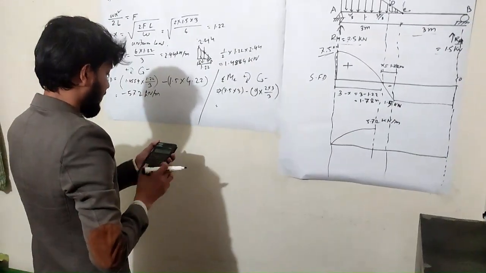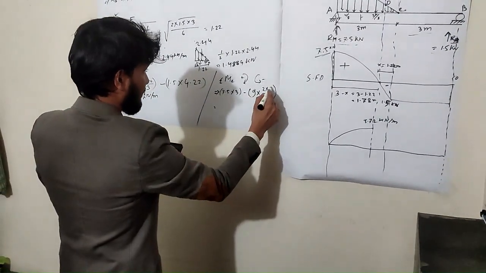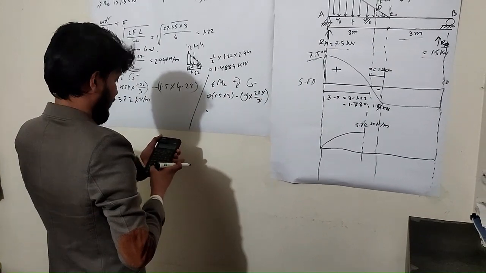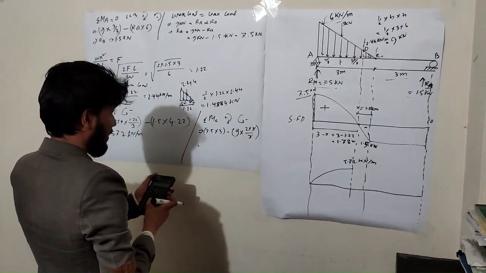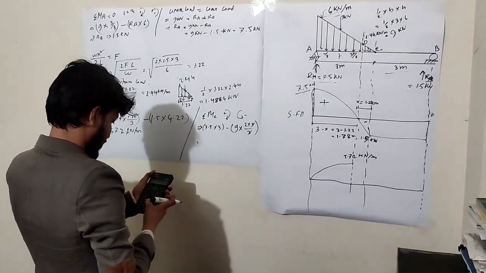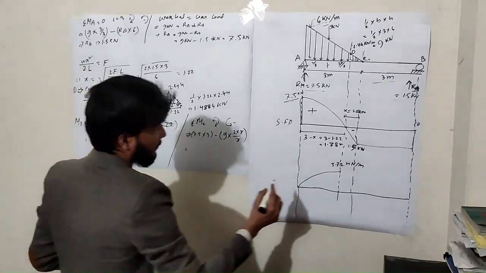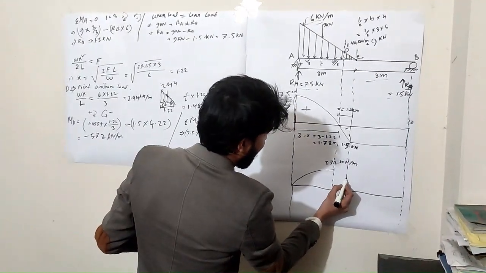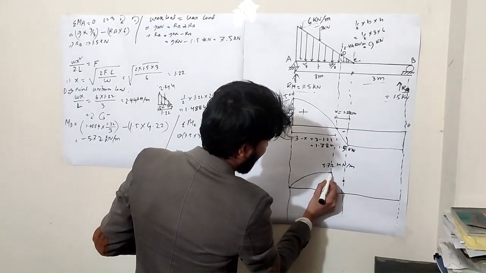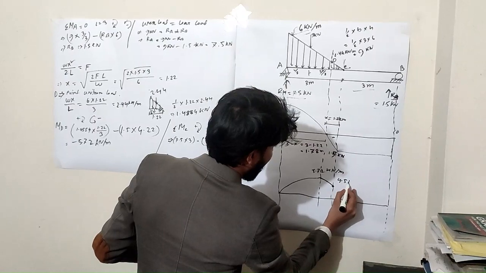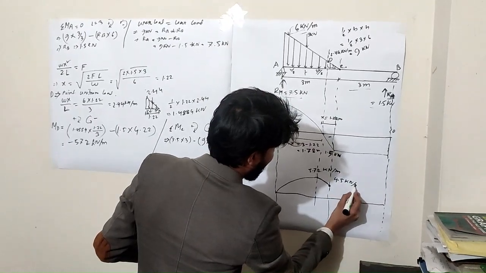So we find 7.5 into 3 minus 9 into 2, giving 4.5. So the moment is 4.5 kilonewton meter.